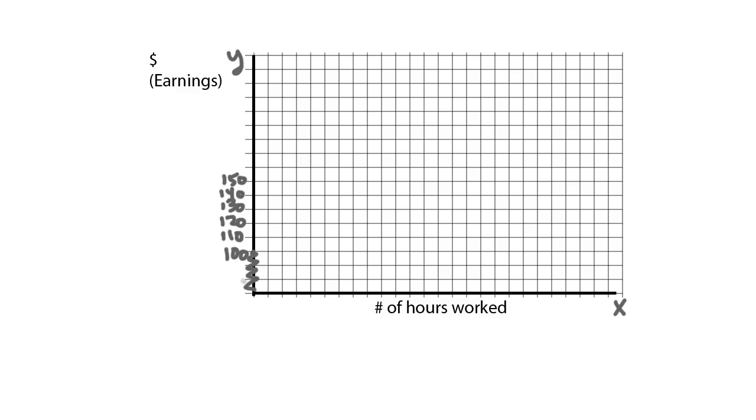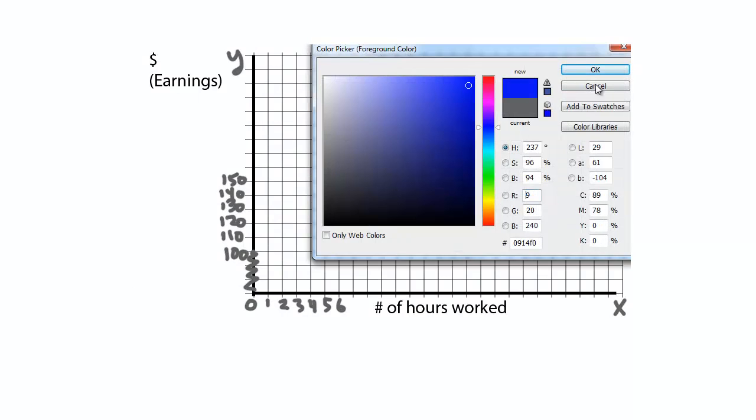That's how you want to scale it, since from 0 to 100 there will be no data value, so we'll just make a little squiggly line here, and we'll start off with 100, and the hours will be 0, 1, 2, 3, 4, 5. I think we stopped at 5, but we can keep going if we wanted to. So now we can plot the points.